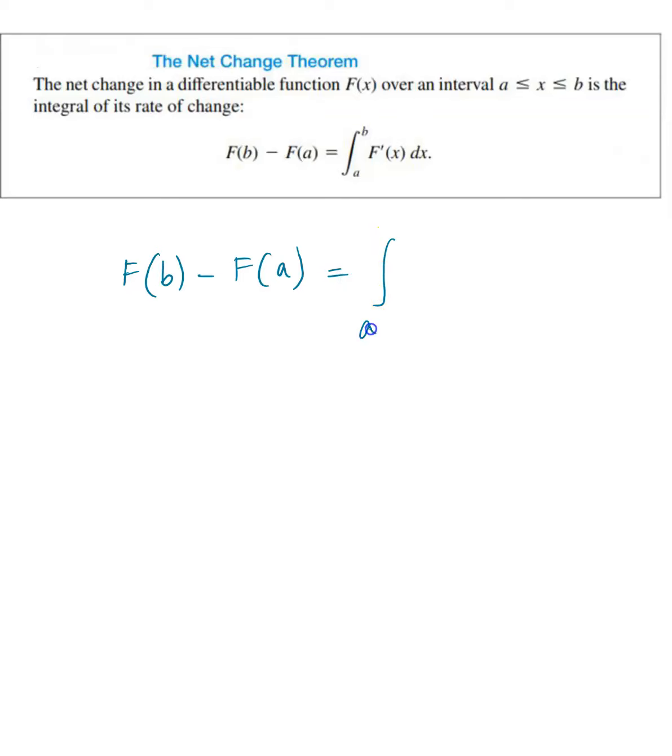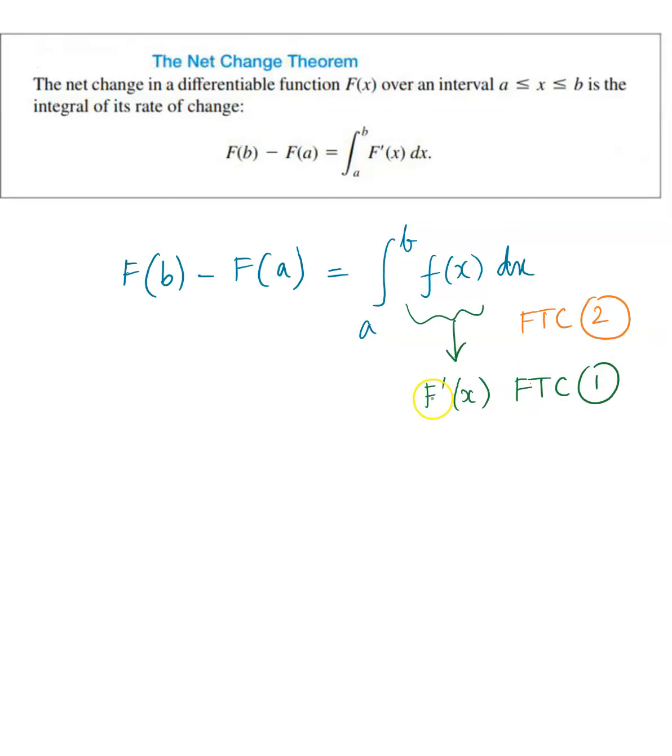So that's integral a to b f of x dx, and so I'll say FTC2. But you know that this f of x dx was itself F prime of x from FTC1.